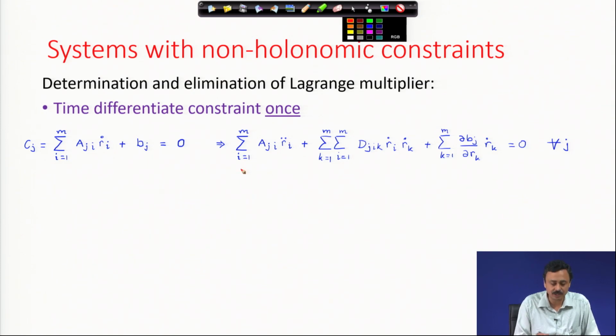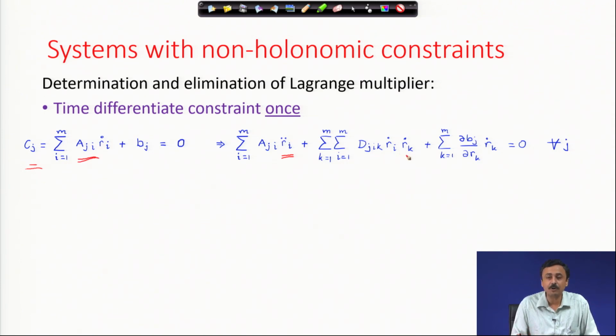in the summation form. When I take the time derivative of the constraint, of course, r_i dot will get differentiated once, and this a_ji, which is the matrix, also gets differentiated, and the corresponding derivative of the coordinate, which I have written like this, and the time derivative of b_j's, which I can write like this.